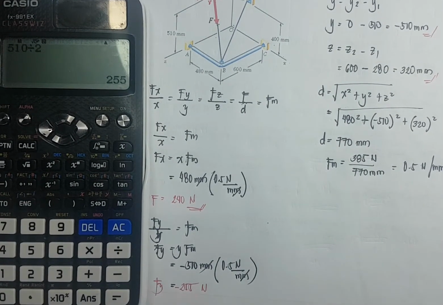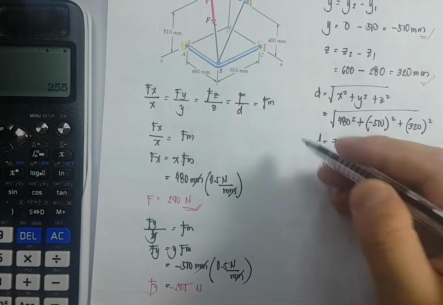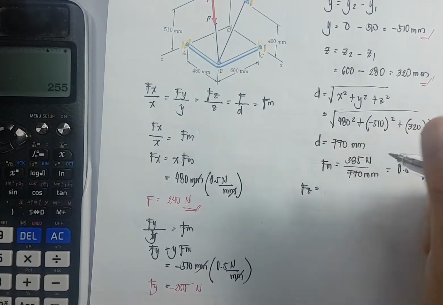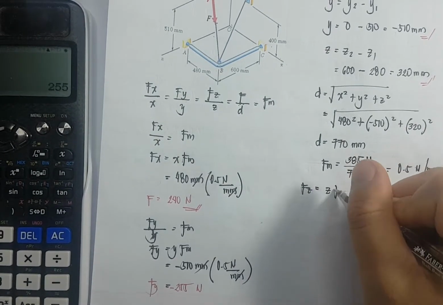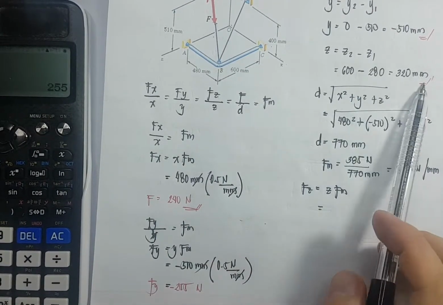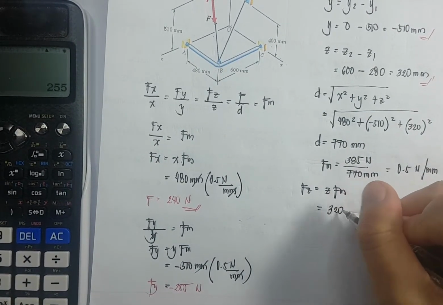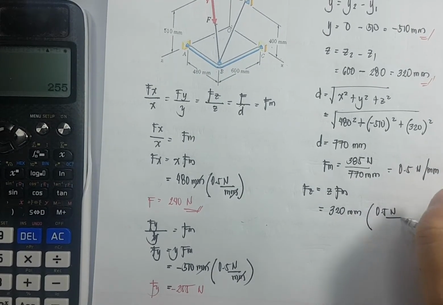Next would be f of z. So f of z is equivalent to z times f of m. What is the value of z? Z is 320 mm times the f of m of 0.5 Newton per mm.